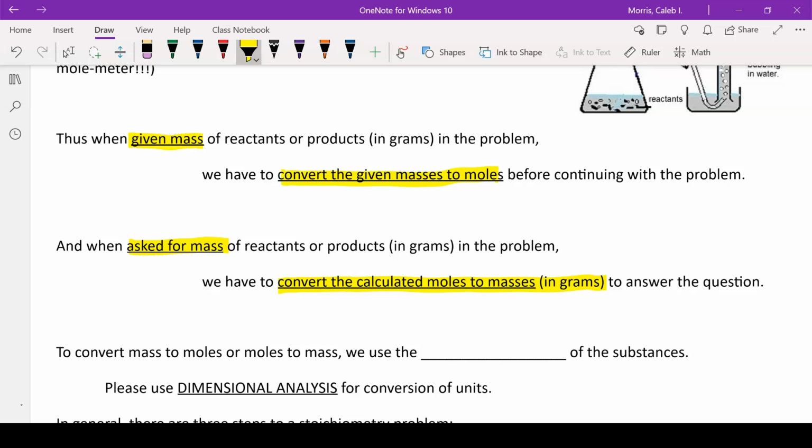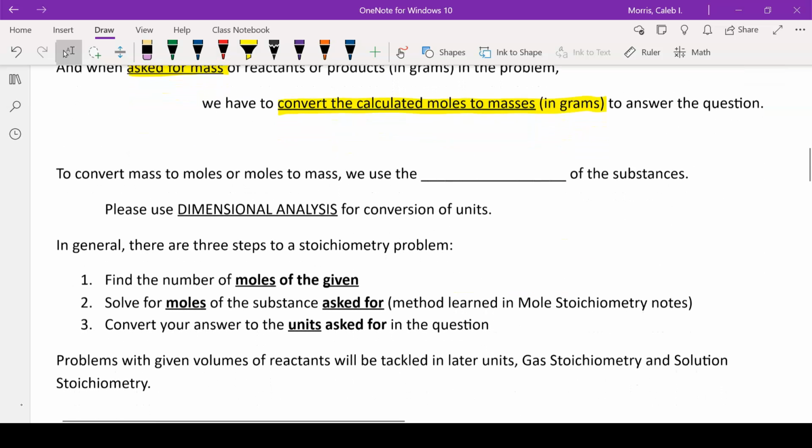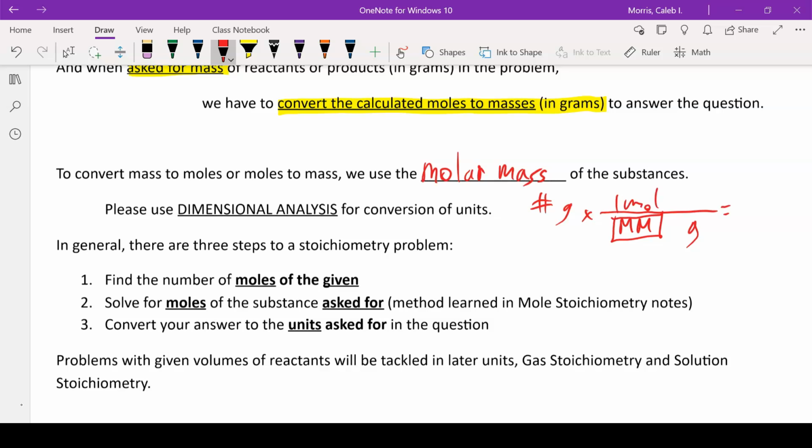And how do we do that? How do we convert between grams and moles? I hope that you remember it, but just in case, we're going to use the molar mass of the substance, and use dimensional analysis. Dimensional analysis, again, is that method that we use, where you'll be given some number of grams, and we put the molar mass in grams on the bottom, 1 mole on top, and we can calculate it.